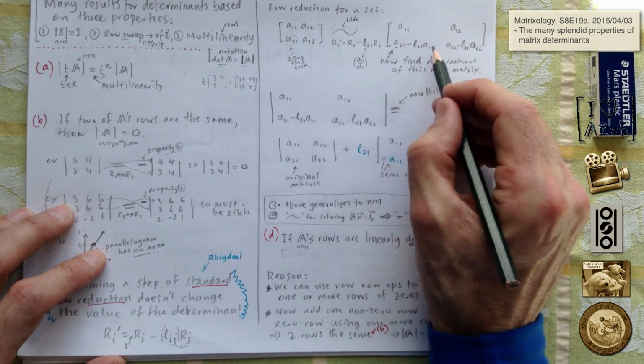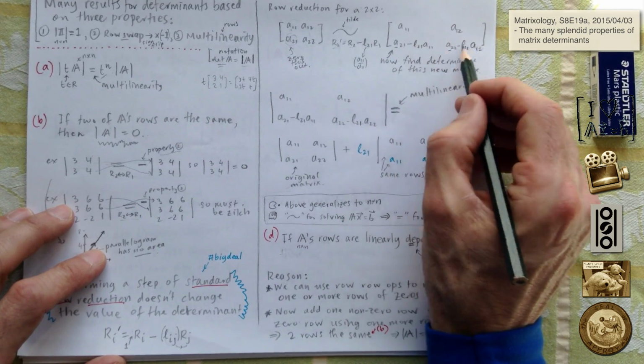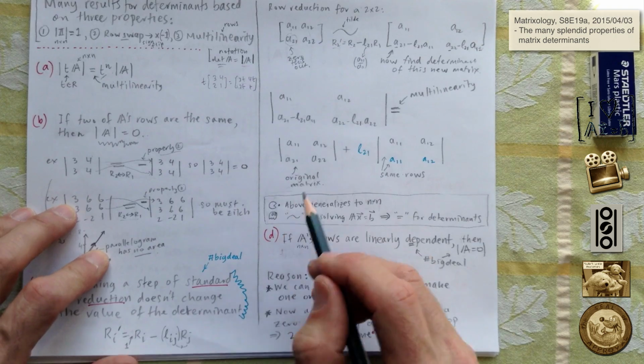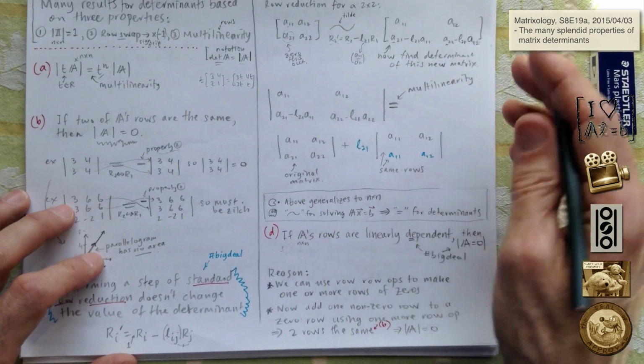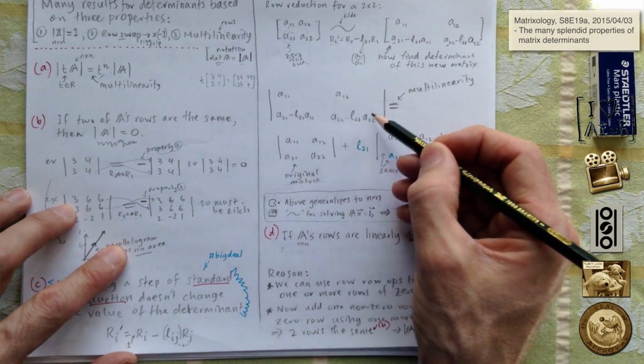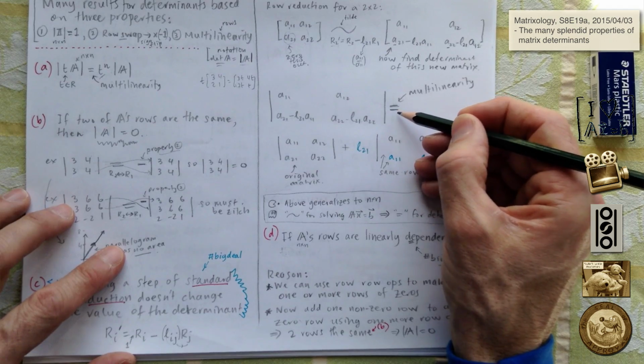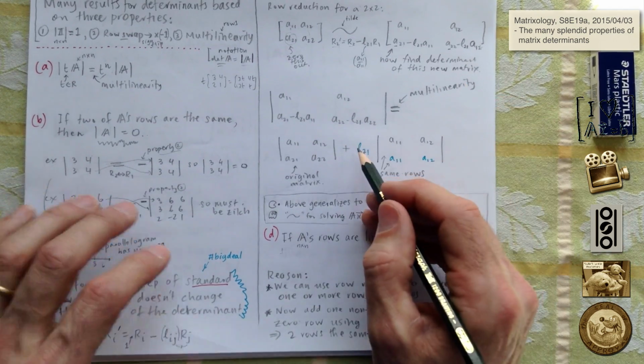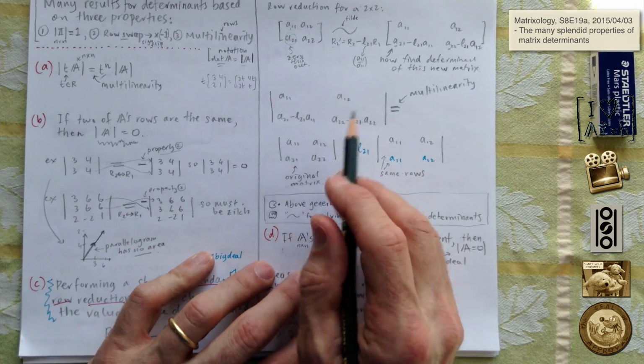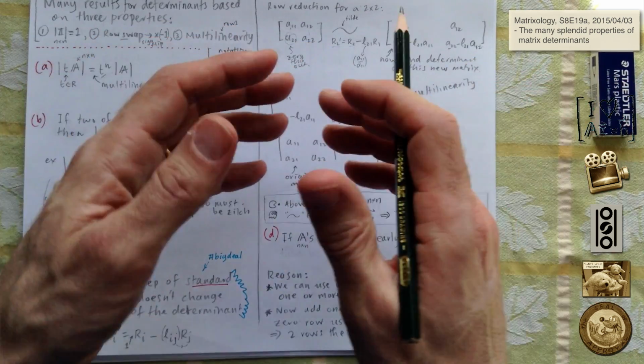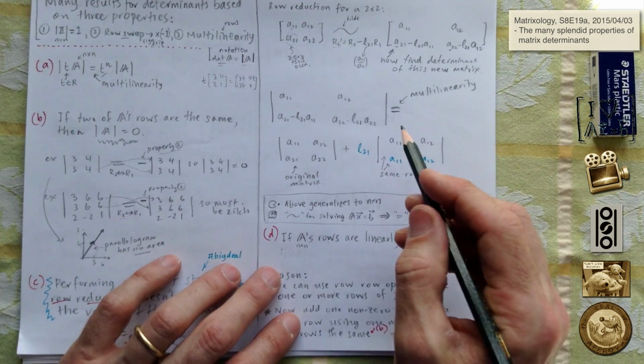Again, the second row is really the original second row minus some multiple of the first row. So I've just rewritten this whole matrix out here, and then used the property of multilinearity to spread this apart. And we can break it in any way we want.